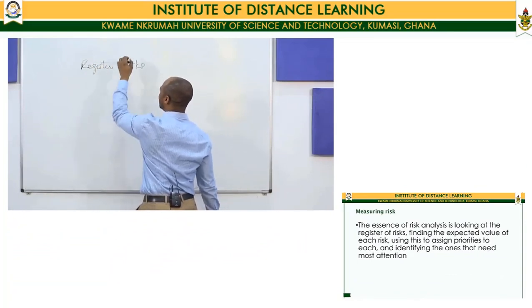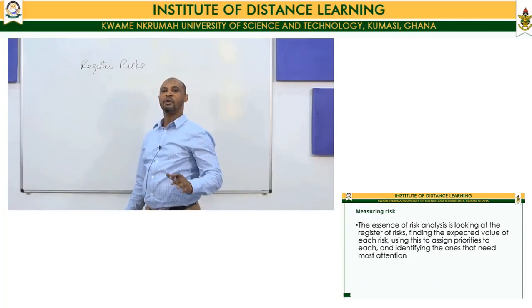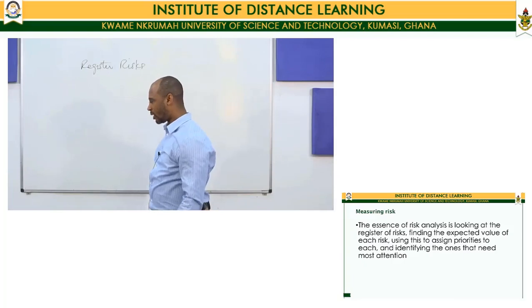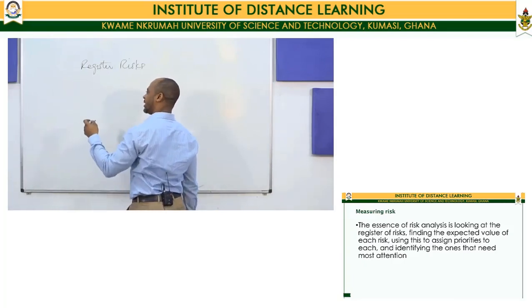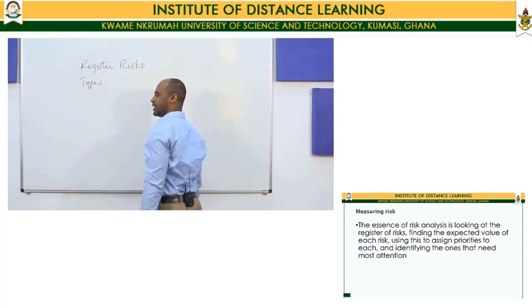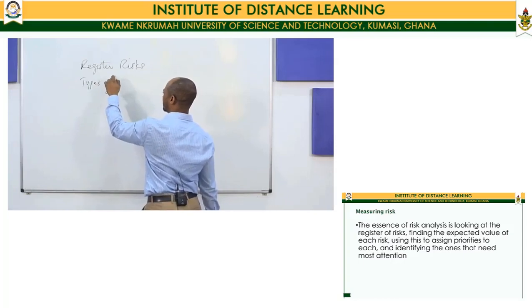And unfortunately, there is no standard. Every organization develops their own. On the whole, every risk register is expected to identify the types of risk.